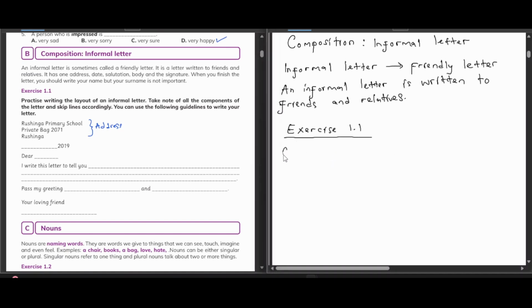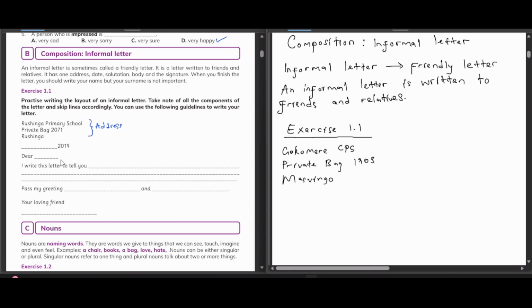So we can put in the address of our own school. Let me use Kokomere as an example. We put the address Kokomere CPS Catholic Primary School, then a private bag. Let me just say 1903, I don't remember. Then Mashingo. This is an example.